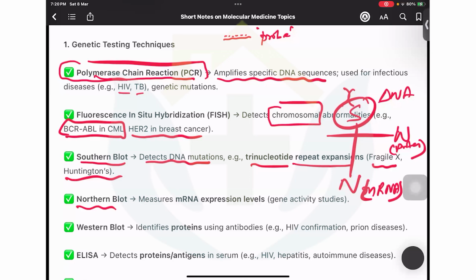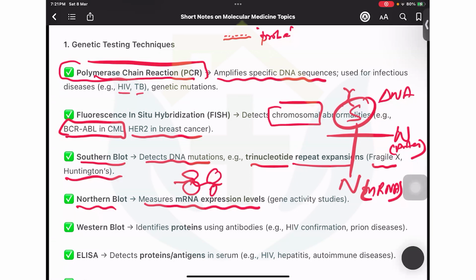In Northern blot we measure the mRNA expression levels. Where should it be used? It should be used in enzyme deficiencies. Why? Because enzymes are all proteins, and proteins are produced by the process of translation, and translation is done on an mRNA which attaches to the ribosomal complex. So if the mRNA is there, only then the protein will be there.